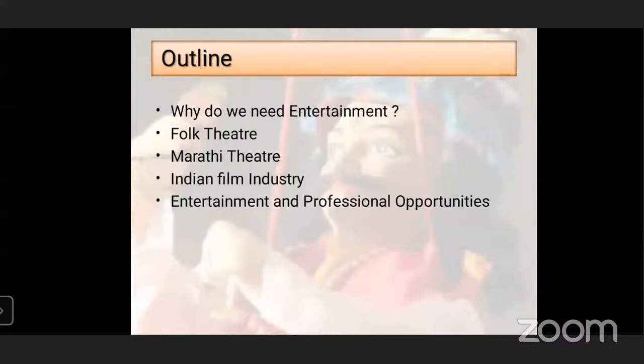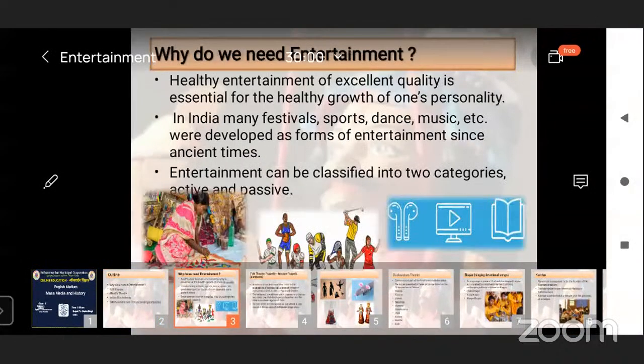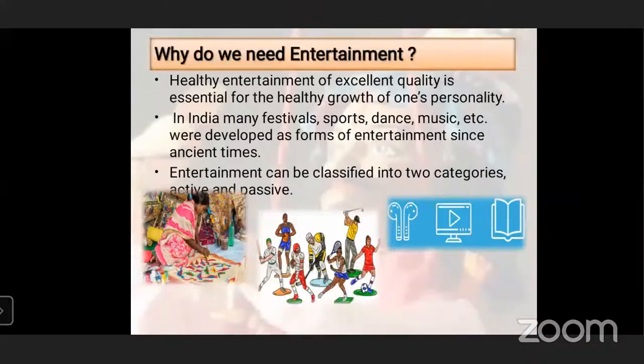Here let's have a quick recap of what we have completed till now in this chapter. First we have done why we need entertainment. Because healthy entertainment is an excellent quality which is essential for healthy growth.